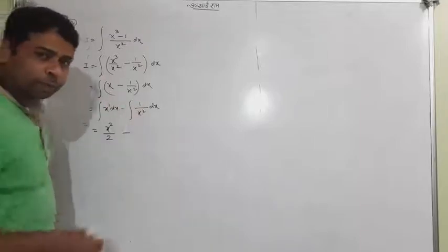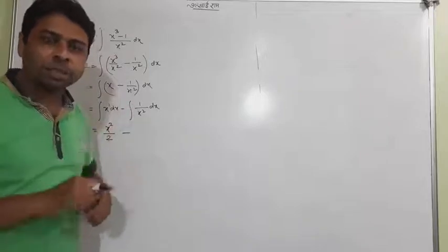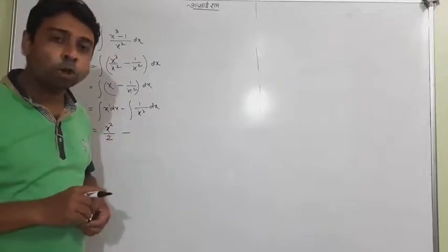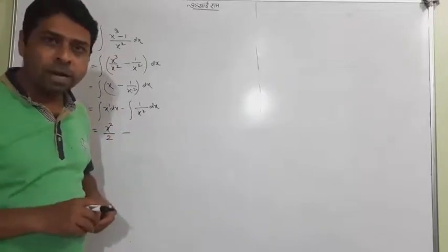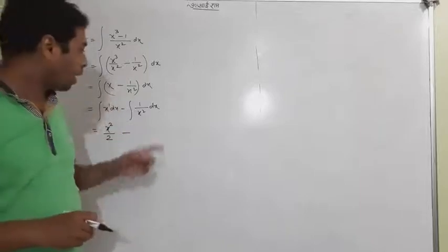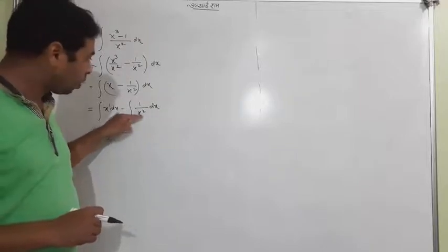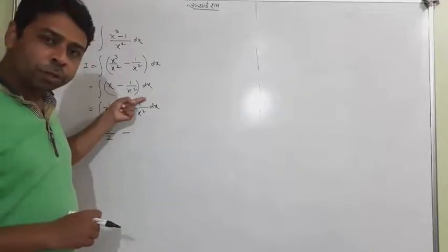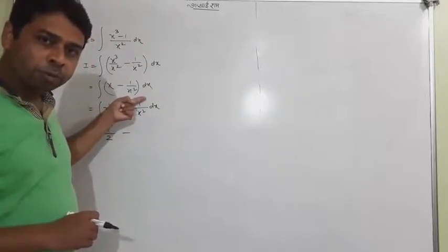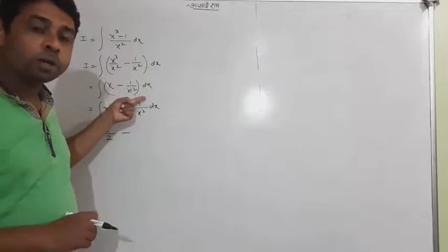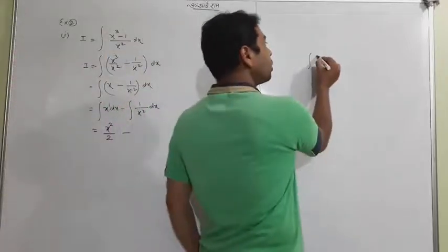Now 1 upon x square. I taught you yesterday the concept when I taught you the formula of x to the power n, and I taught you two formulas. Among them 1 by x square was there, and I taught you how to deal with this question. x square will be transferred to the numerator, it will be x to the power minus 2, and then the power form will be used, and the complete answer I taught you, that's for 1 by x square.